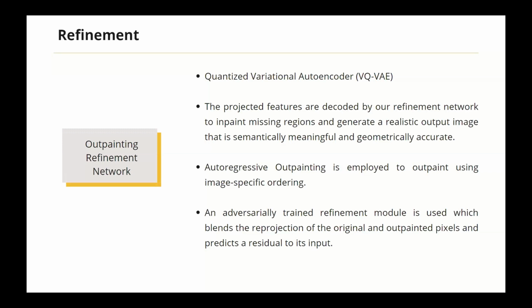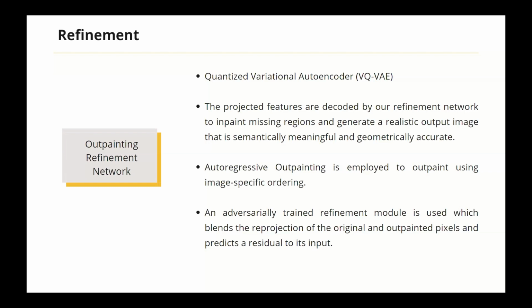So we used an adversarially trained refinement module to correct these local errors. The pixels that are filled initially are filled first, and then the consecutive pixels are done in a sequential way. So that is our autoregressive refinement module.